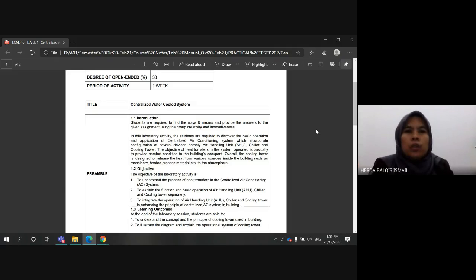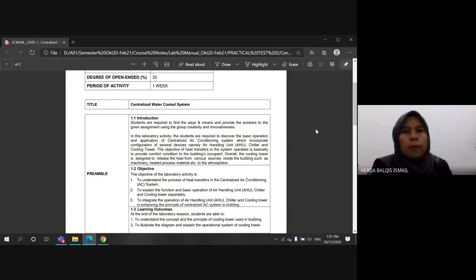For example, the installation of a centralized system is at the Dewan Kuliah building, as well as the DP, Dewan Peperiksaan 1, 2, 3, 4. Beside the facilities building, they have one block of building which consists of the chiller and also the cooling tower.